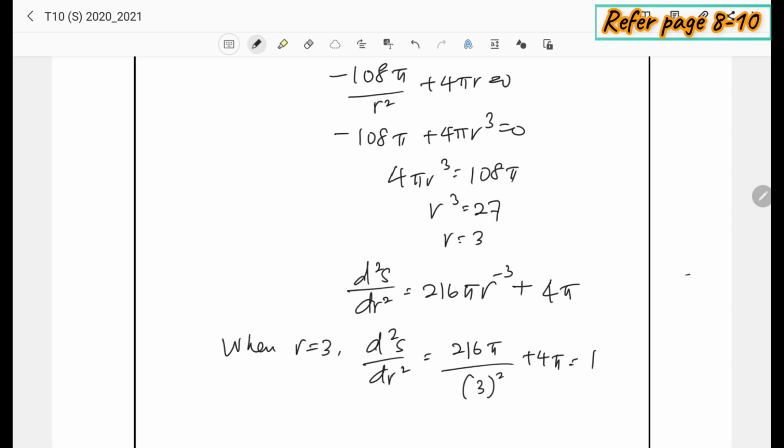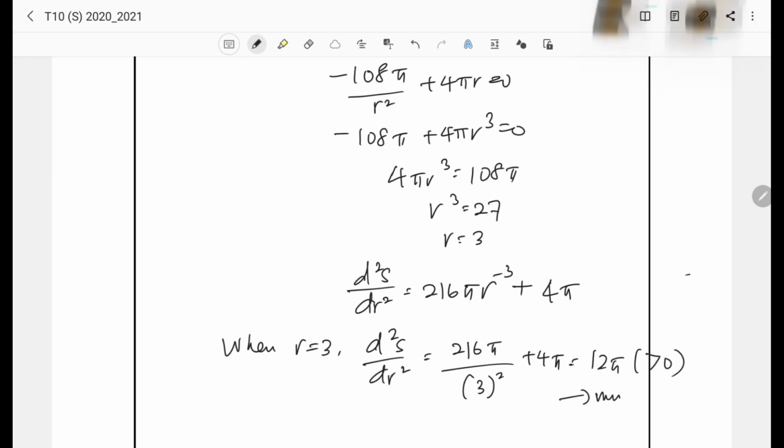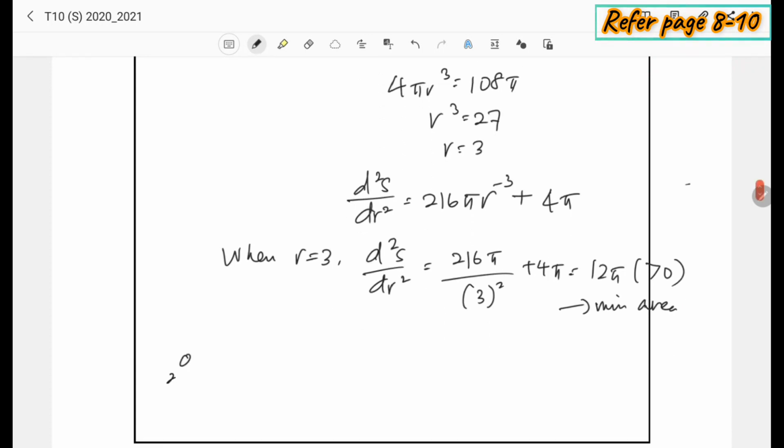So we get it to be 12 pi, which is greater than 0. So hence this is the minimum area. So hence the surface area is minimum when r equals 3.